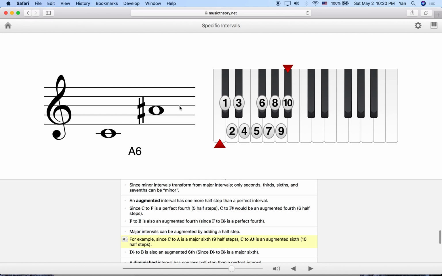We would then have a distance of a seventh on the staff as far as a generic interval is concerned. So where it is written on the staff, we're still taking that into consideration. But now, because of that, we're making this an augmented sixth. We wouldn't call that a seventh. Okay, so just be mindful of that.